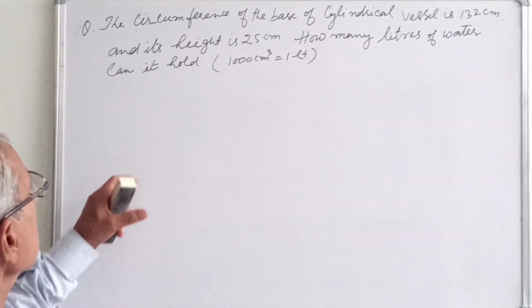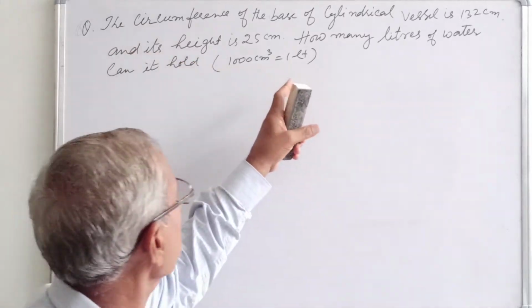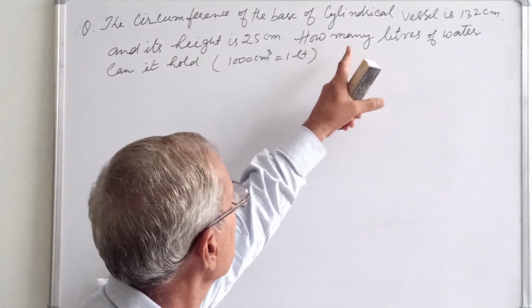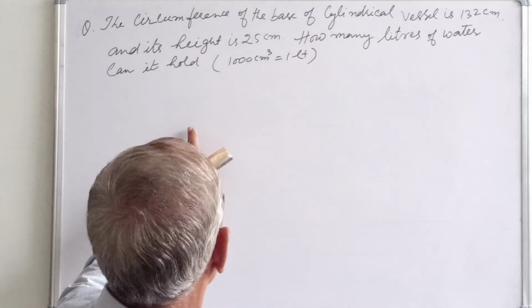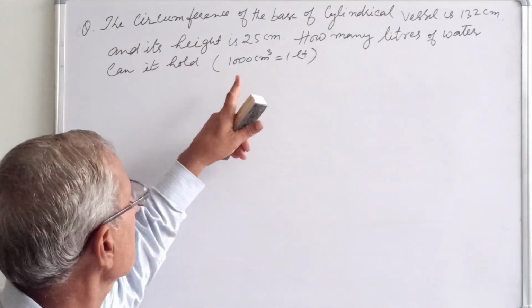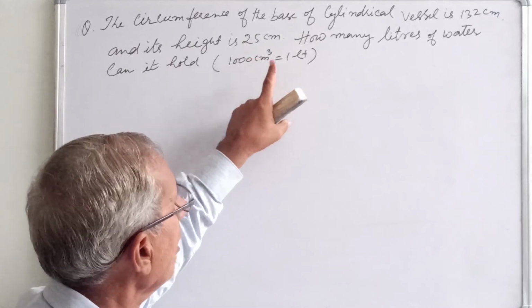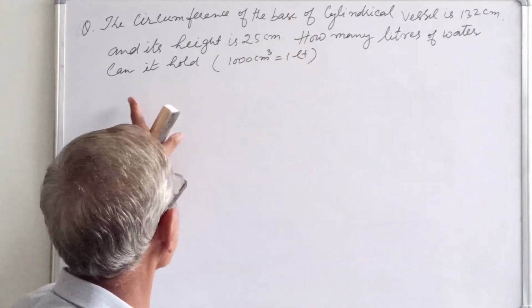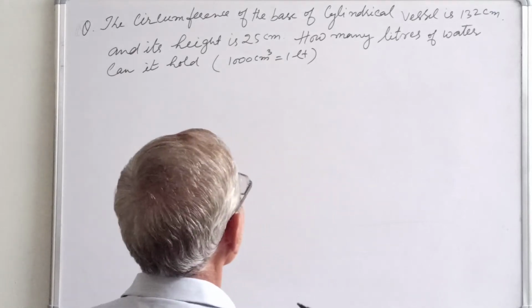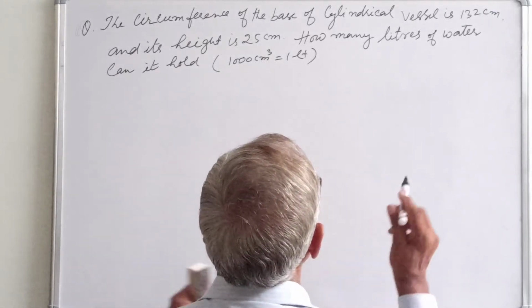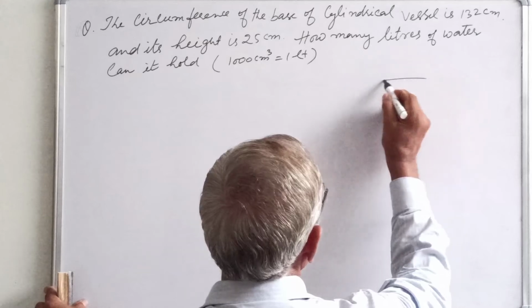The next question is: the circumference of the base of a cylindrical vessel is 132 centimeter and its height is 25 centimeter. How many liter of water can it hold? The vessel is in the shape of a cylinder.